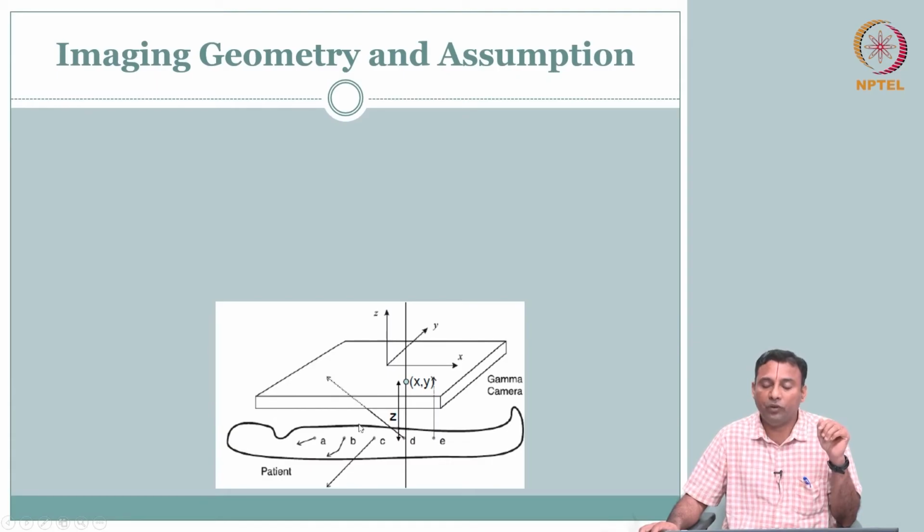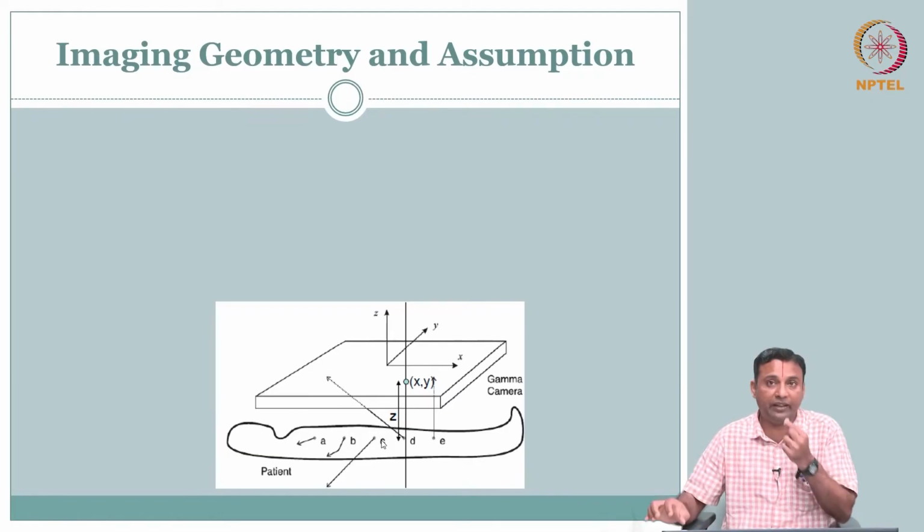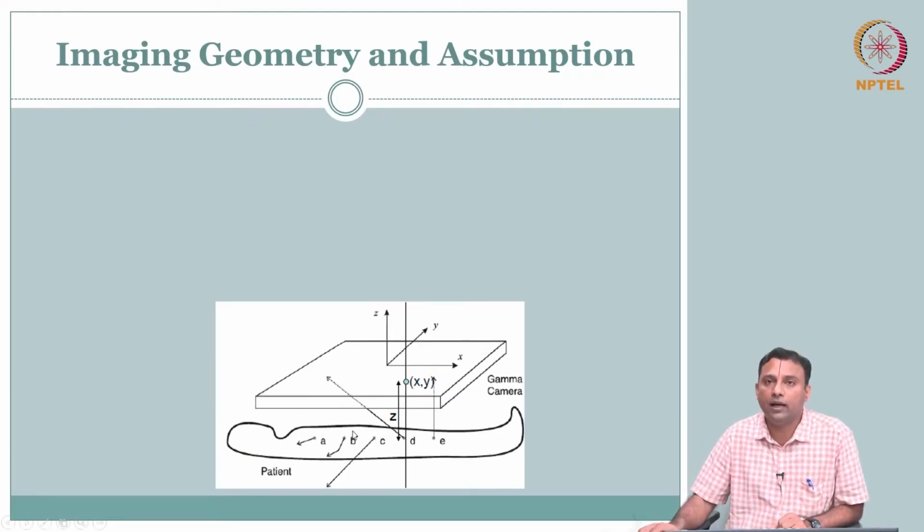So if we write our imaging equations, we will have to consider that we are going to use a collimator, and therefore only straight line paths are going to be used. In this geometry, radioactivity is distributed everywhere, three-dimensional, but only certain portions will hit the detector, and we will assume that only those coming parallel to your z axis, parallel to your collimator, where there is a hole, are going to fall on the detector and make their way to the image.